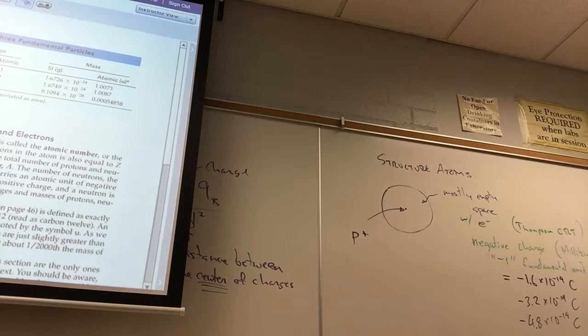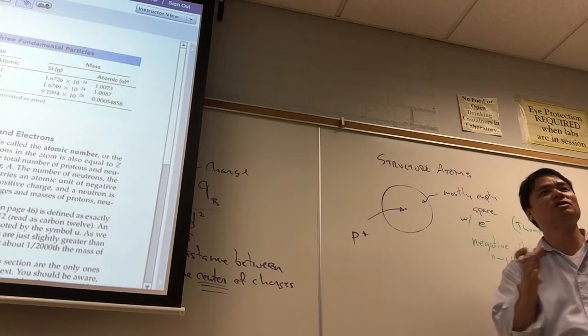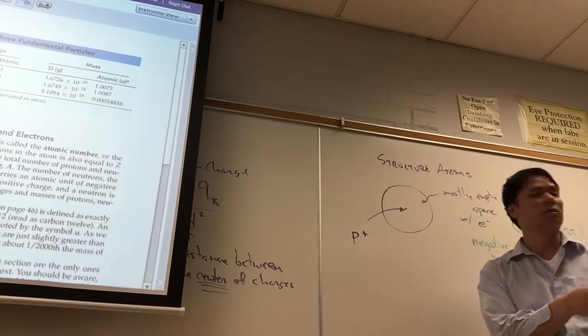This is 1 fundamental unit of charge, 2 fundamental units of charge, 3 fundamental units of charge. Have you ever heard of a -1.1 charge on an electron? Never. Have you ever heard of a +1.4 charge on a proton? No, the protons are each +1 and the electrons are each -1.